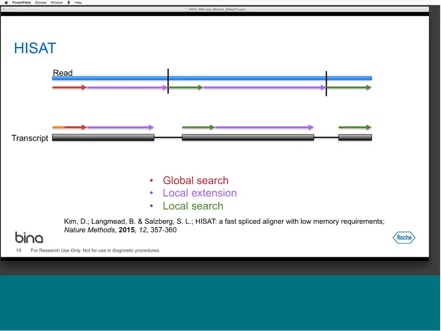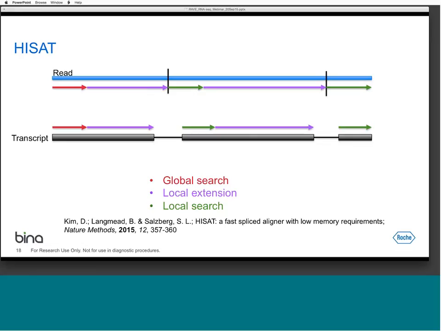HISAT2 is similar to STAR in that it also builds this global index of the entire genome. However, in addition to this, it builds local indices of, I think, 64 kilobase regions covering the entire genome. The idea is that instead of doing the global search for the entire read, the global search is only done for a portion of the read, such as a seed region, and this restricts the alignment to several local indices.